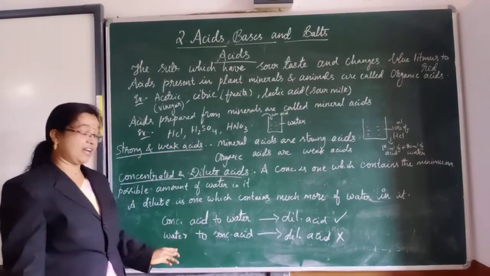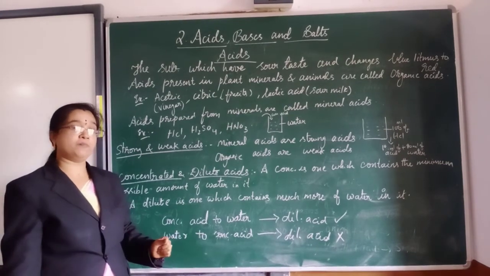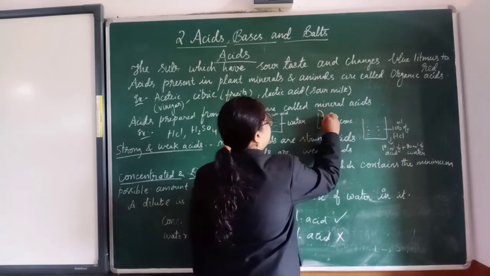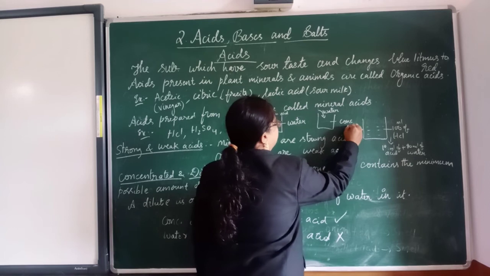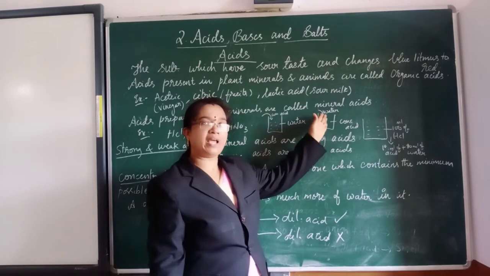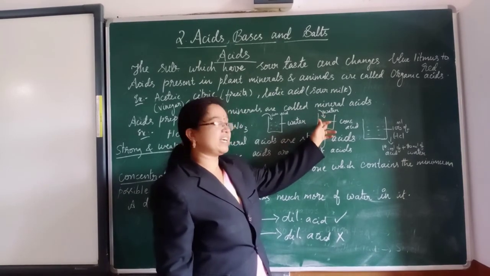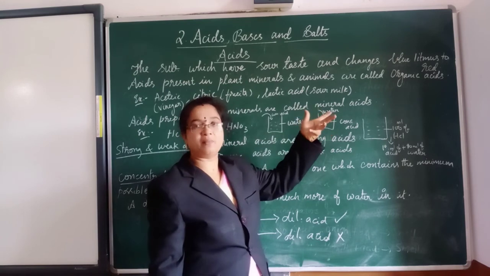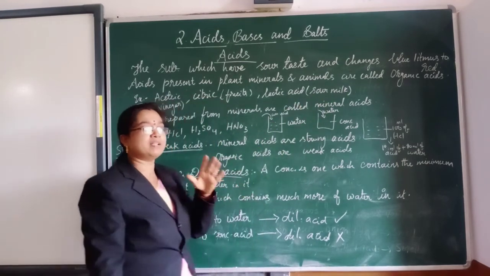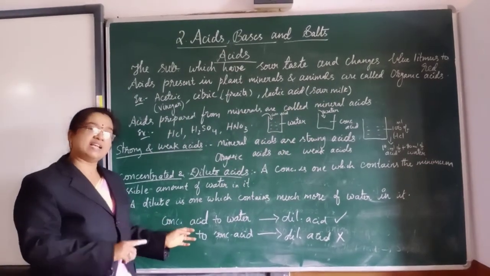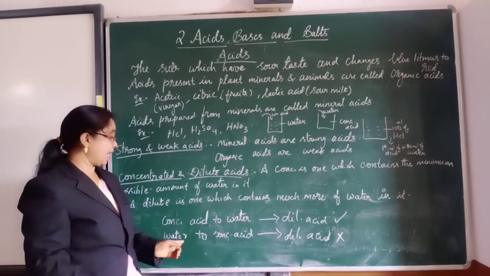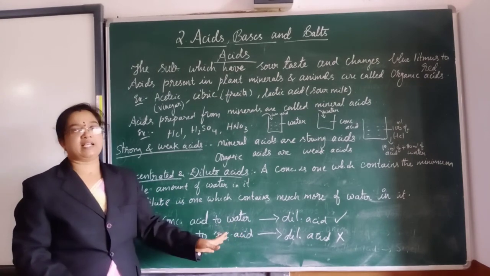But when we are adding water to concentrated acid, suddenly a large amount of heat will be evolved, and this heat will react with the acid and steam will be released. That may cause injury to that person. So always remember we should add acid to water for making dilute acid from concentrated acid. We should never add water to concentrated acid. Clear children?